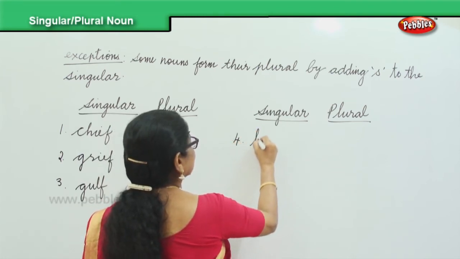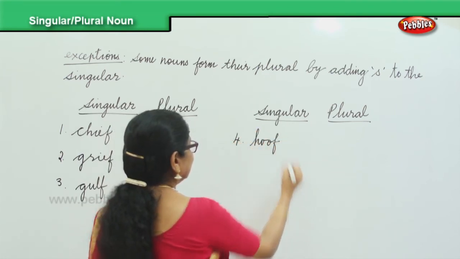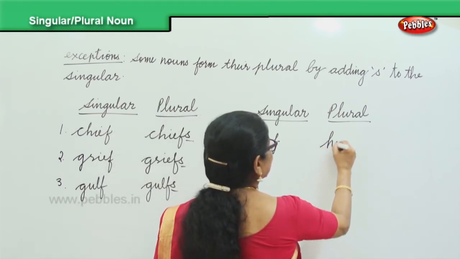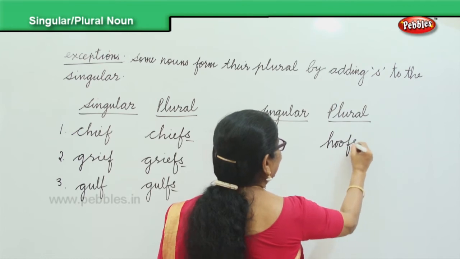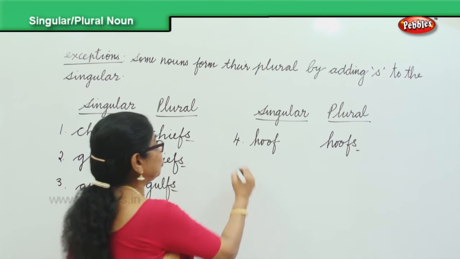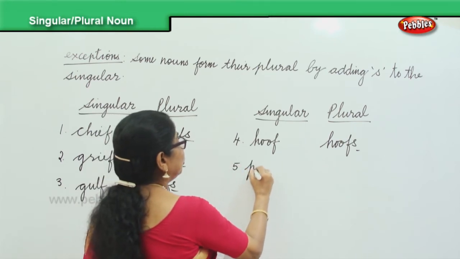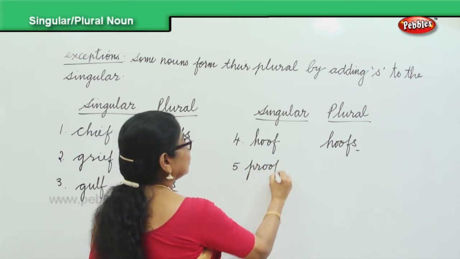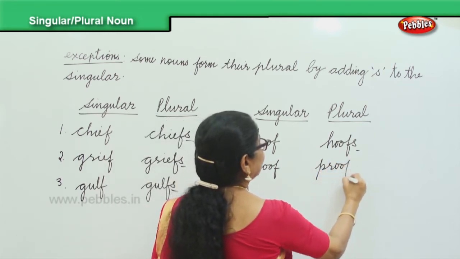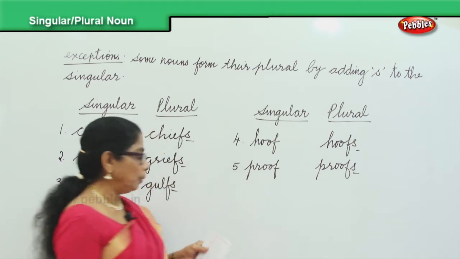Hoof. The horse's hoof, no? Hoofs. You add S to form the plural. Okay, then proof. Proofs. Add an S to form the plural.